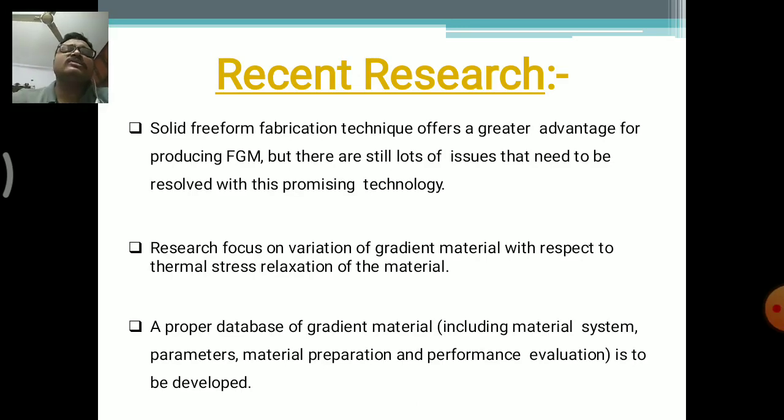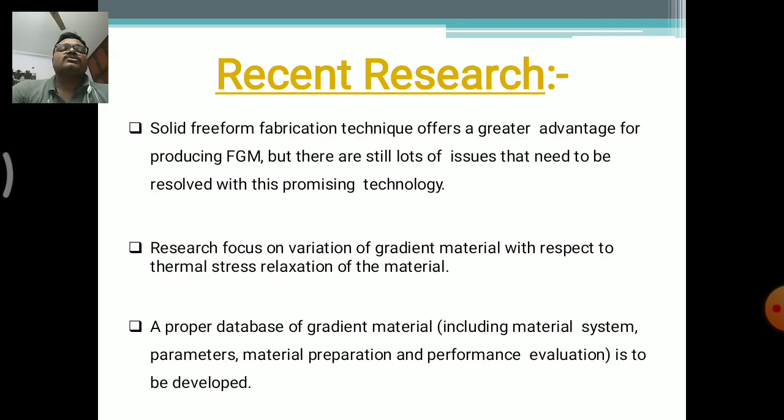Next one is the recent research in FGMs. Considering the recent research in the R&D department, that is research and development, solid freeform fabrication techniques offer a great advantage for the production of FGM. We have different methods for thin FGM and bulk FGM, such as centrifugal casting and spraying.